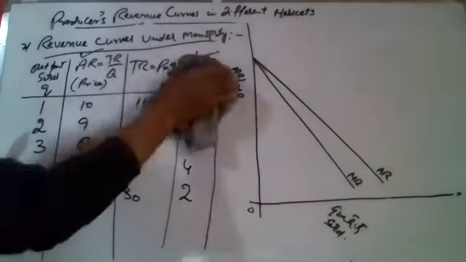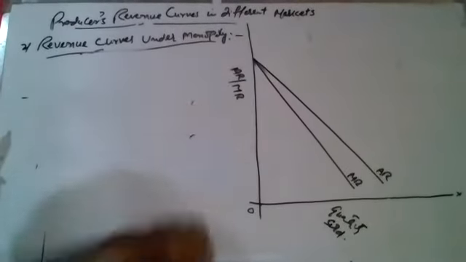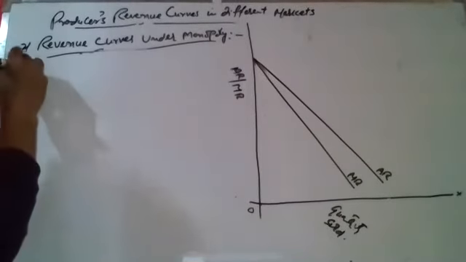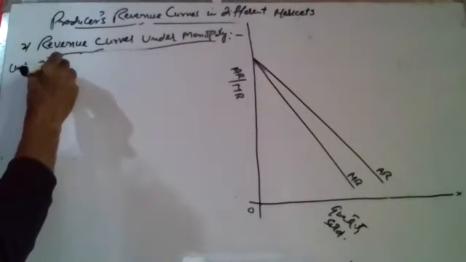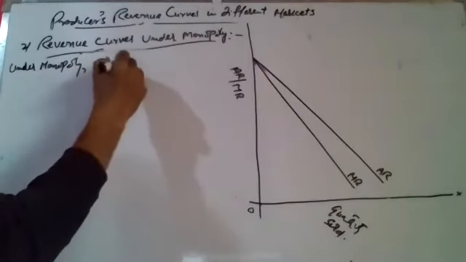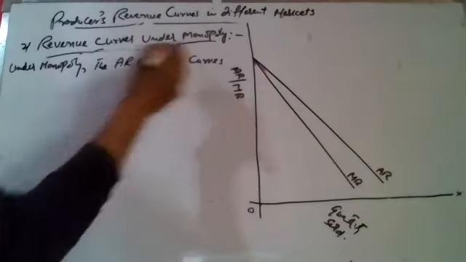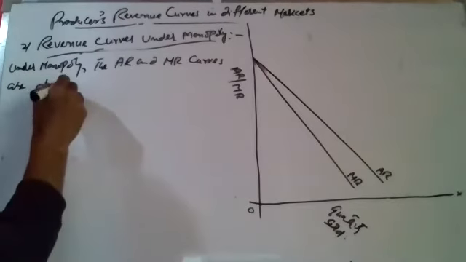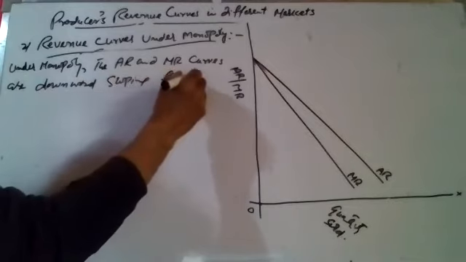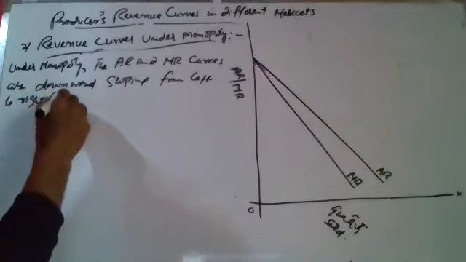The table is done. I will write this. Under monopoly, the average revenue and marginal revenue curves are downward sloping from left to right, or we can say negative slope.